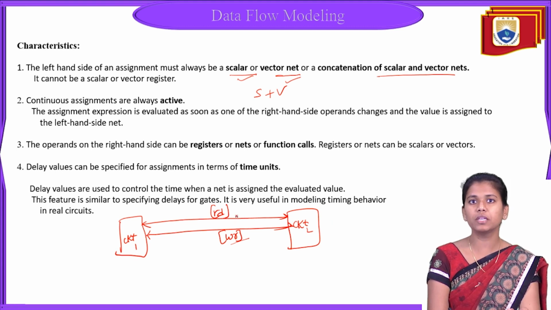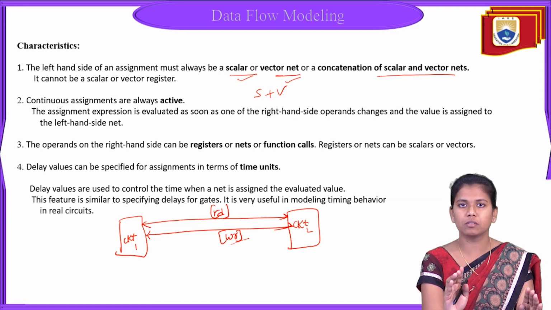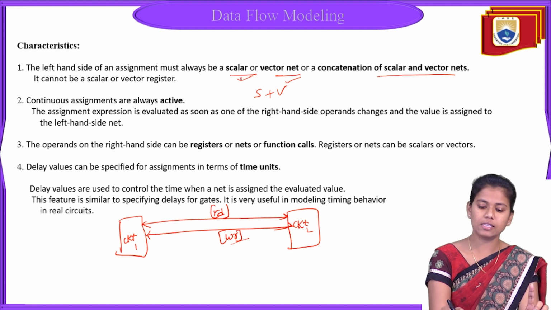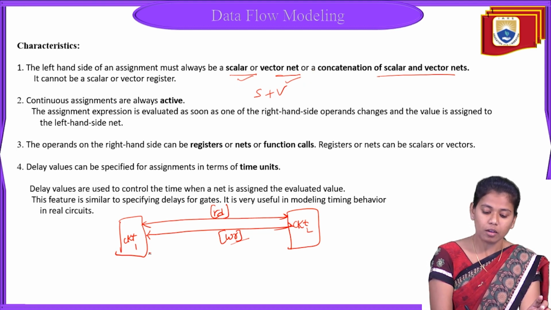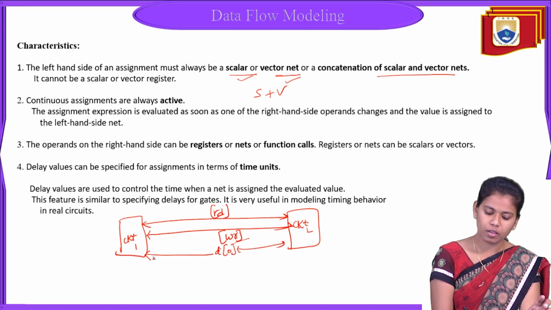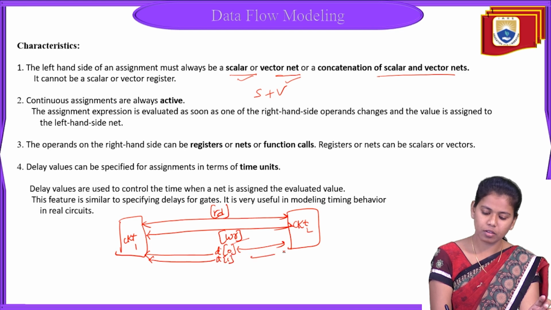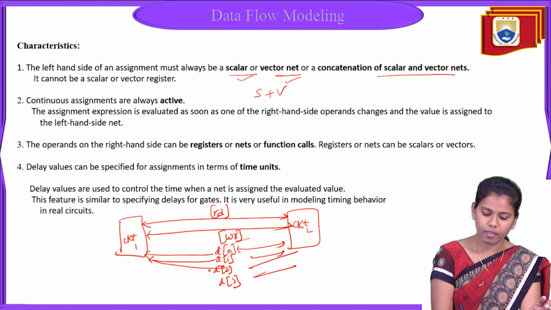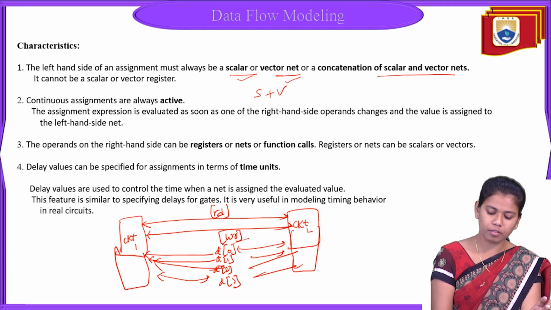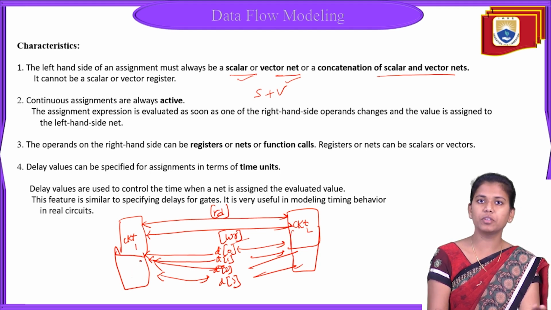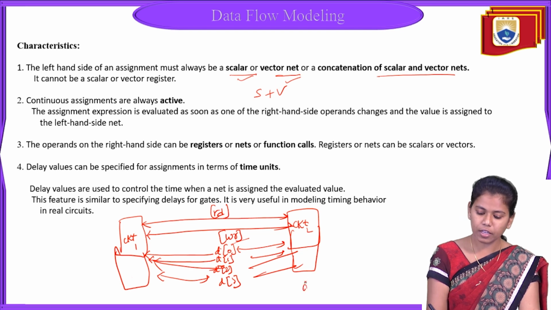These are individual bits, consisting of very few bits. So the individual bits we call a scalar net, and then there is the group of bits. For example, here we have D0, D1, D2 and D3. The bits that we can assign in circuit 1 and transfer to circuit 2 are nothing but D[3:0].